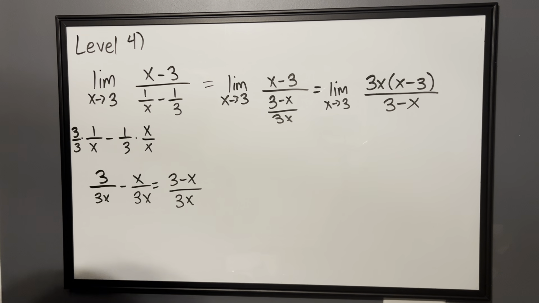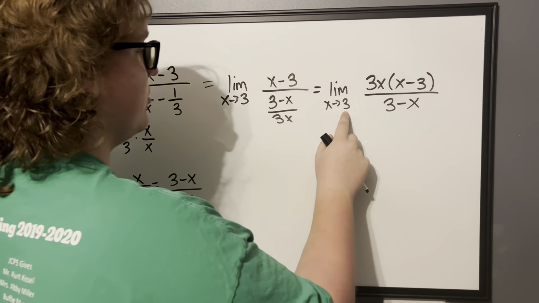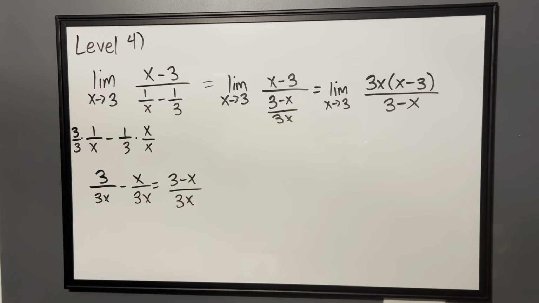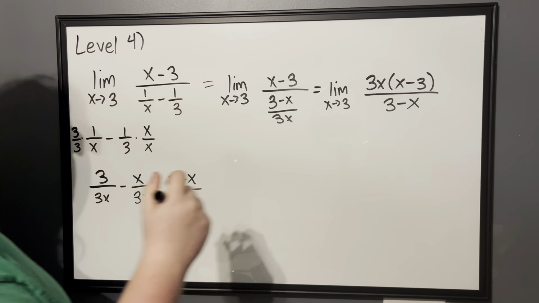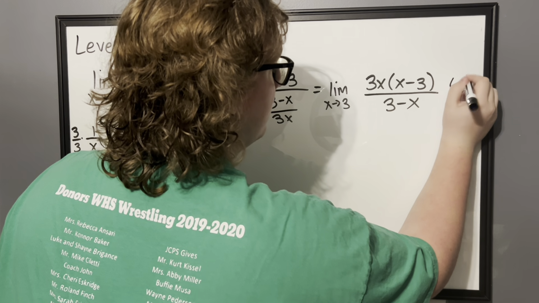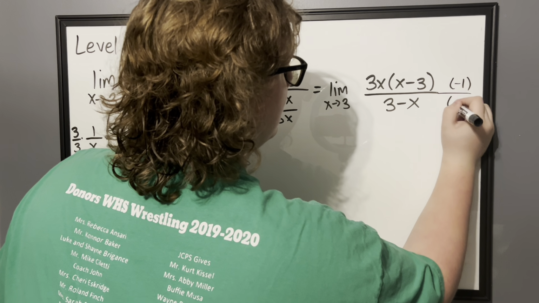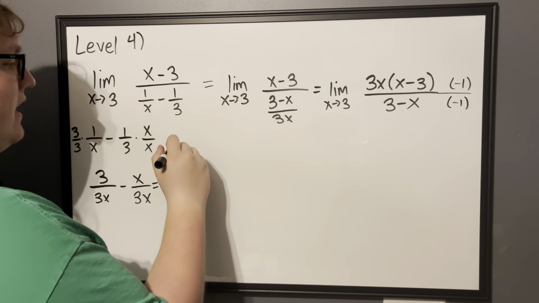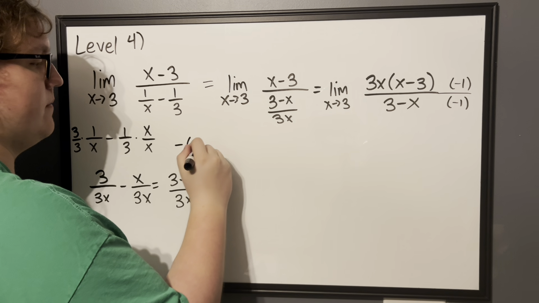So if you notice what we have here, we still have this issue where if we plug in 3, we're going to end up having 0 in the denominator. So you might be thinking you did something wrong, but we can actually manipulate this a little bit. Here's what we're going to do. We're going to multiply the top and the bottom here by a -1. So we'll multiply by -1 over -1. And the reason that we do that is let's look at the denominator, 3 minus x.